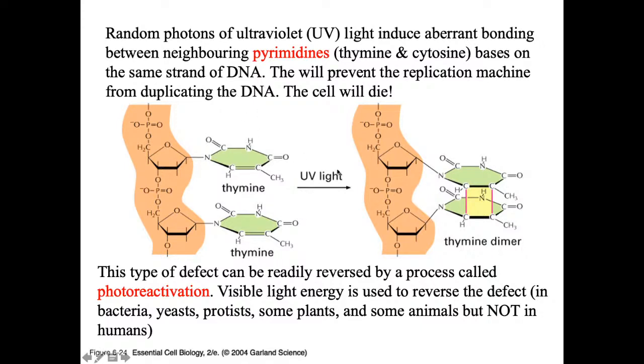If UV light is coming to make our cell die, it could be reversed with the help of light. So light is quite essential. This is possible in bacteria, yeast, protists, some plants, and some animals, but not in humans.